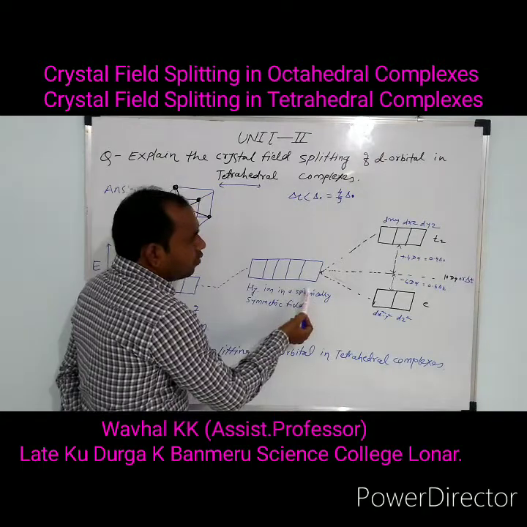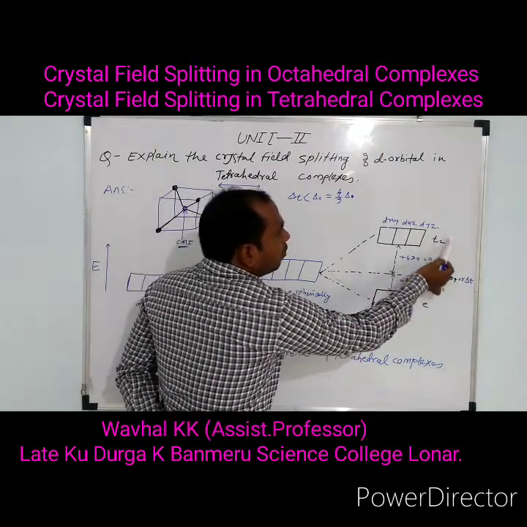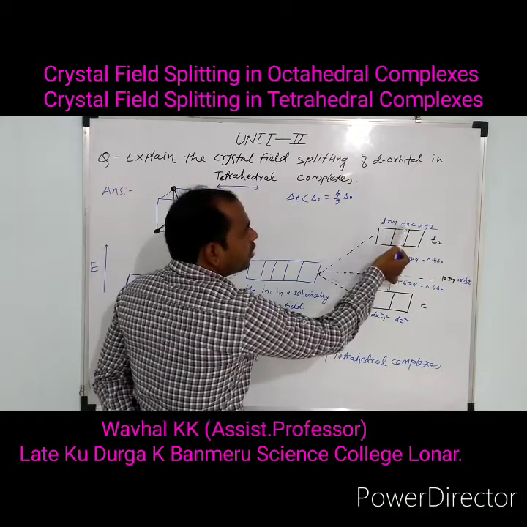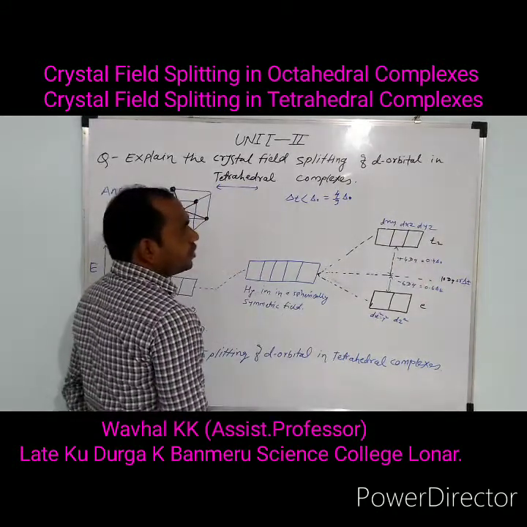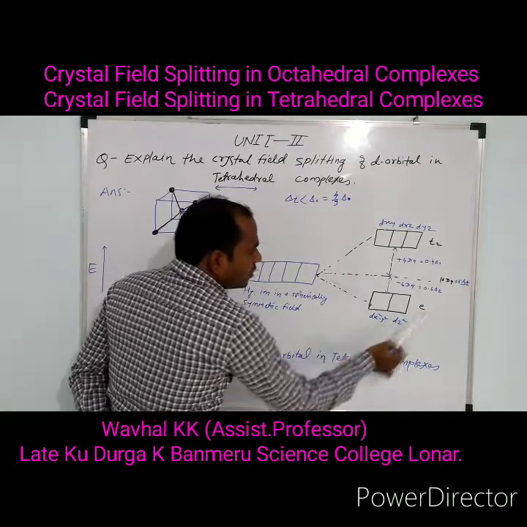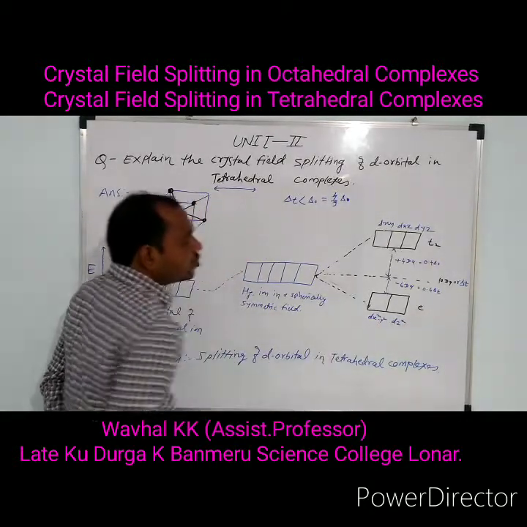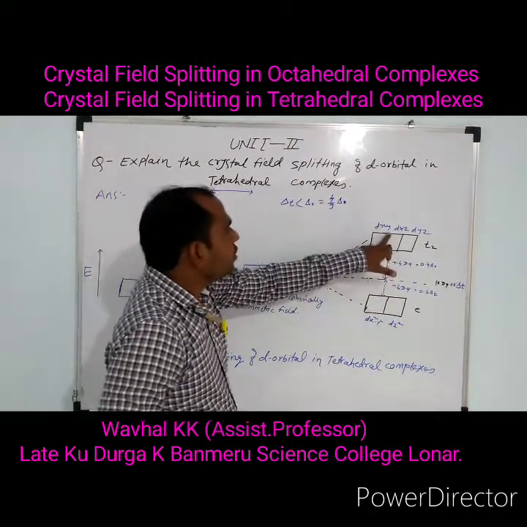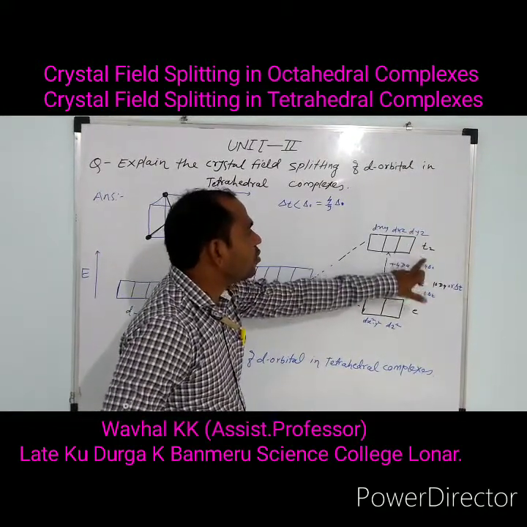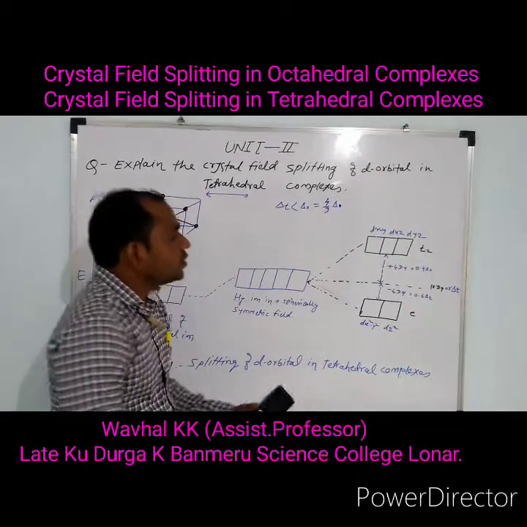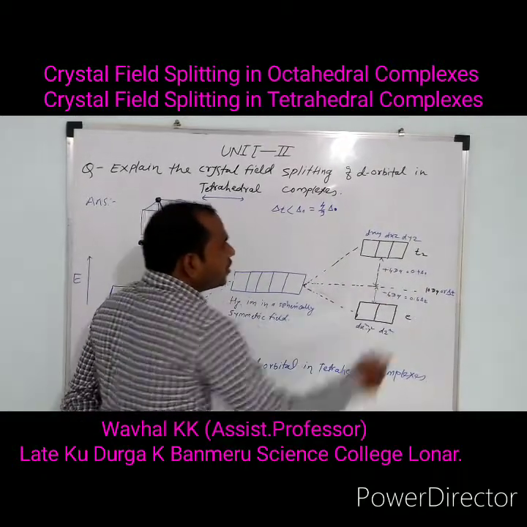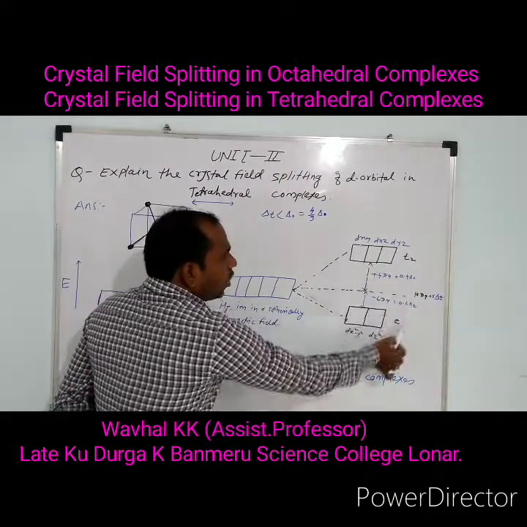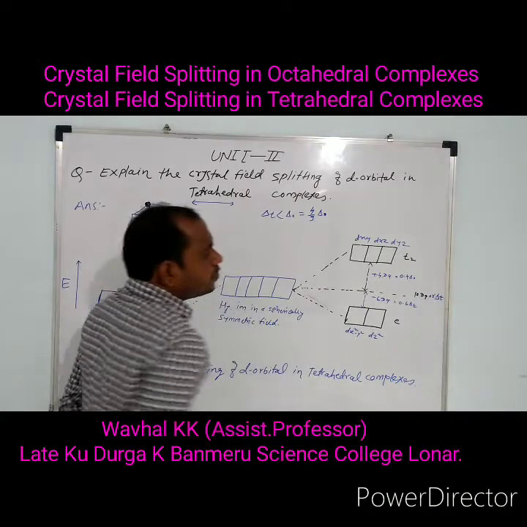See here, the T2 orbital consists of the three sub-orbitals dxy, dyz and dxz, and the E orbital consists of dx2-y2 and dz2 orbitals, having the lower energy, while dxy, dyz, dxz have the higher energy. This is the energy barycenter. The total energy difference between T2 and E is 10 Dq.